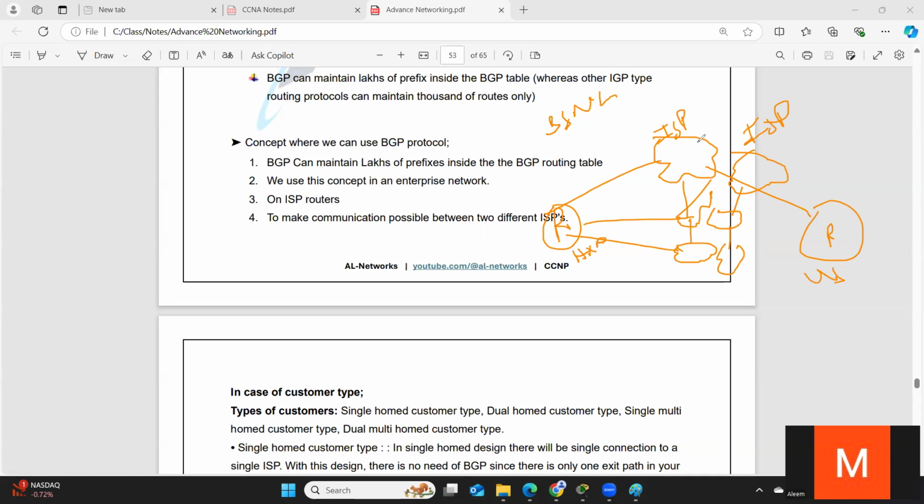So between two different ASes, between two different ISPs, they will use the concept of BGP. To make communication possible between two different internet service providers, that time also we need the BGP protocol. This is the requirement of where we'll use the BGP protocol, in this kind of organization.